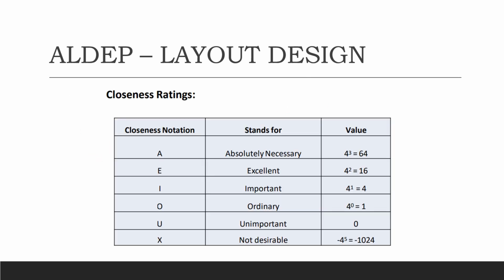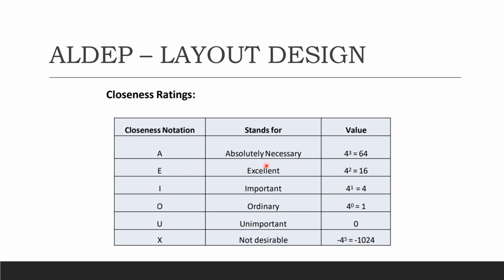Next, these are the closeness ratings. There are many closeness notations which stand for several conditions, and each has a value. For example, A stands for absolutely necessary, that is 4 cubed, equal to 64.